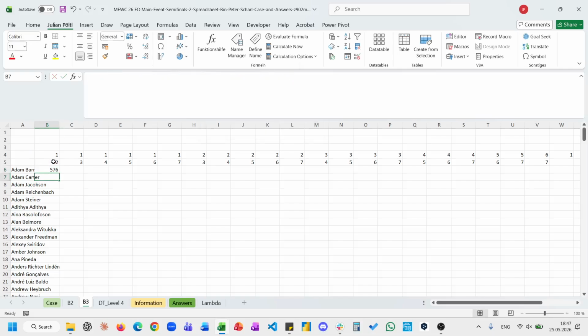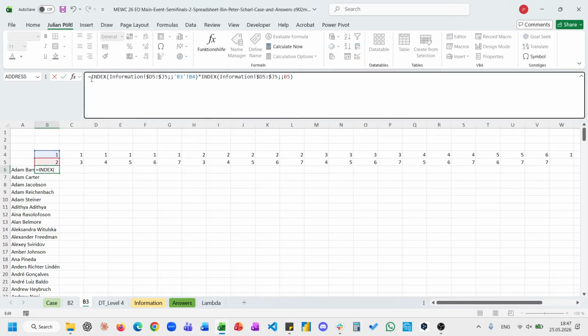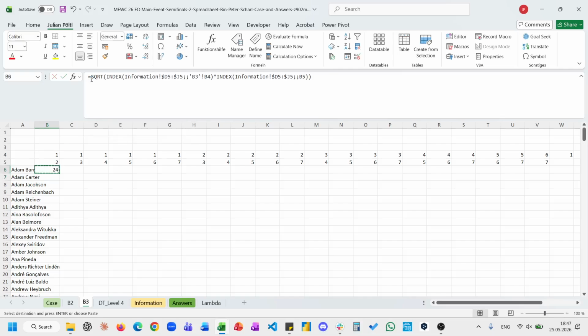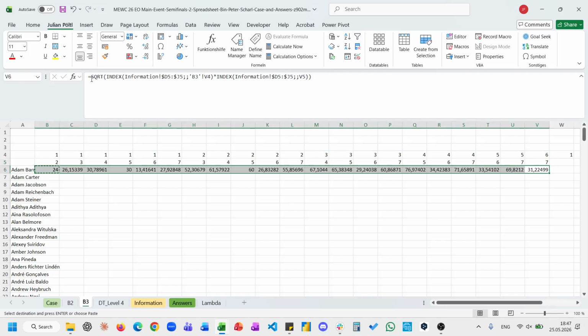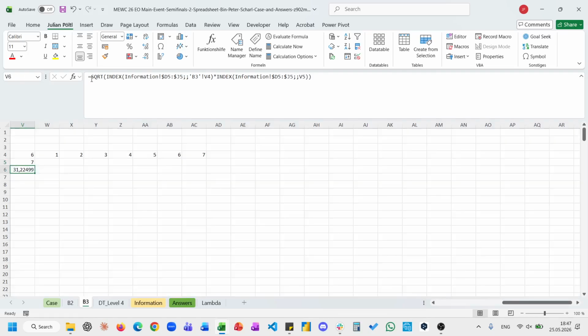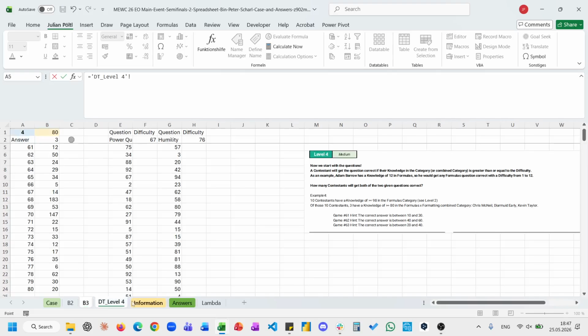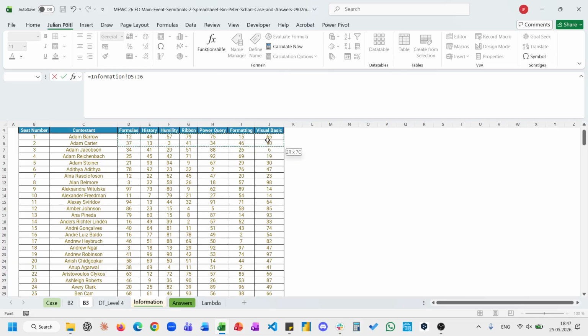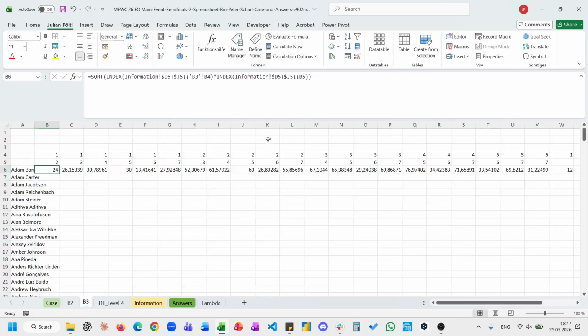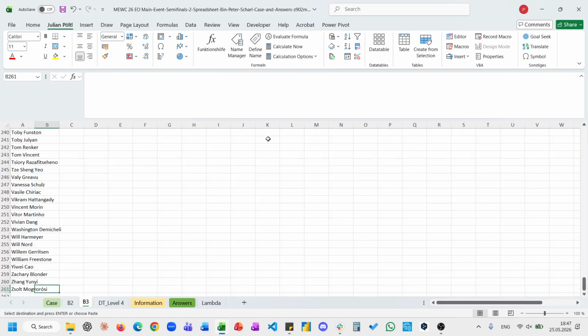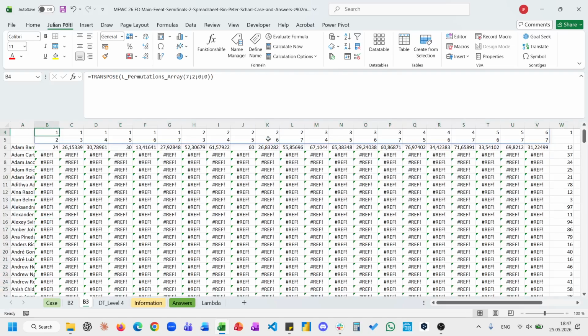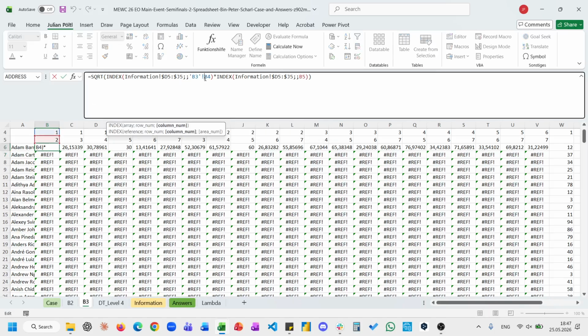Multiplied with this, square root. And this is basically this. And now we simply get a ref error. Not good. Yes, for sure.